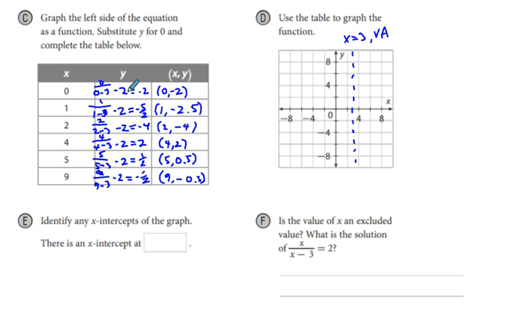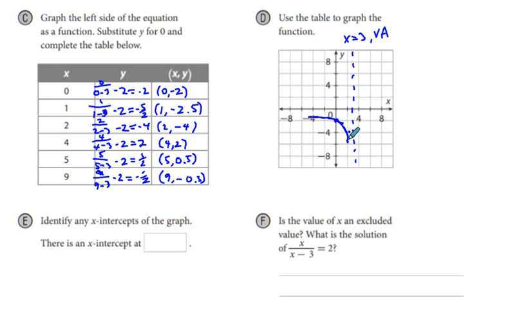And now for the points here, we have 0, negative 2. That's our y-intercept. Then we have 1, negative 2.5. We have 2, negative 4. And so what we have over on this side is the left branch.